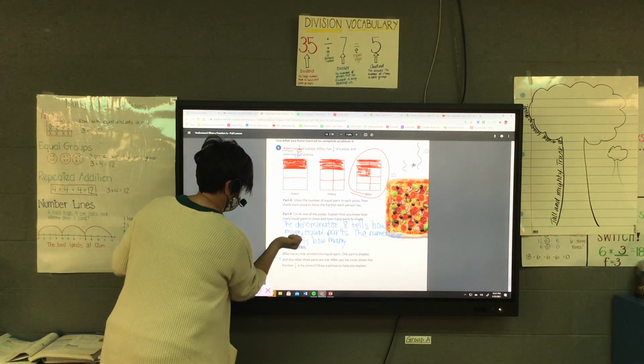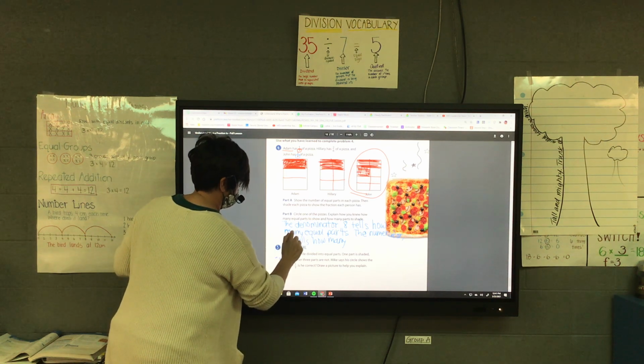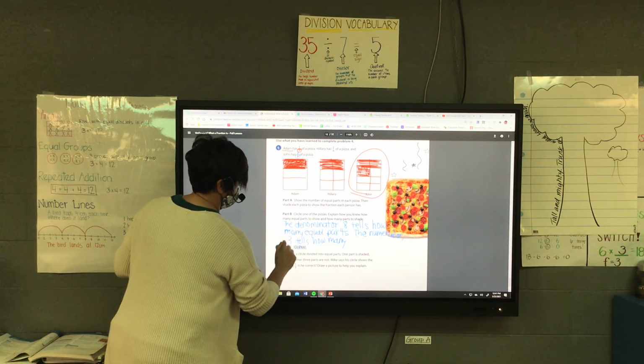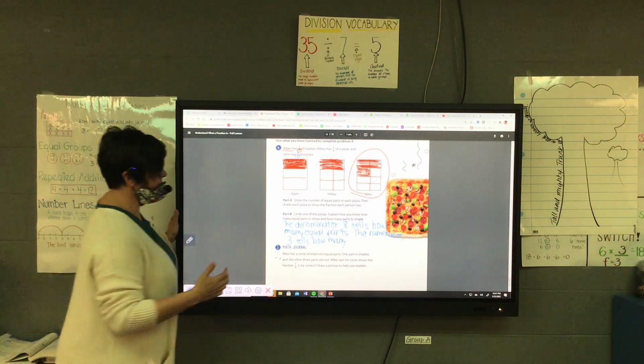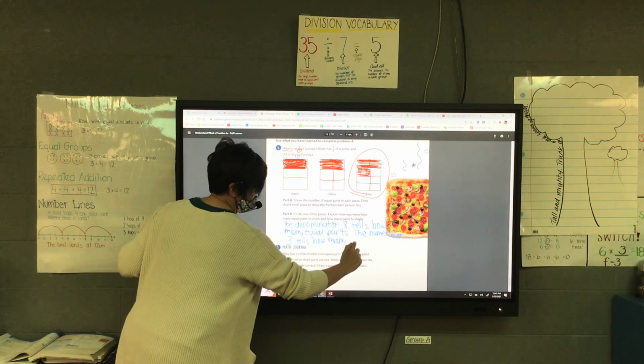It's not letting me erase it. It's just letting me make a mess. So the numerator, which is 3, tells how many John has, right?